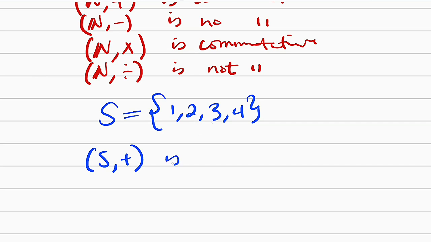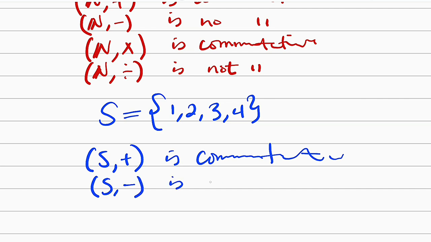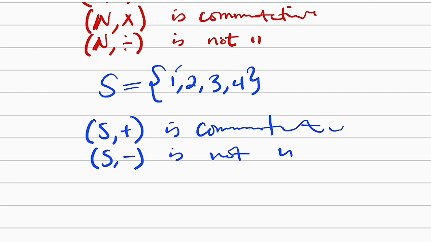So this is commutative. And subtraction is not, because 1 minus 4 is negative 3, but 4 minus 1 is positive 3. You see that? It's not commutative.